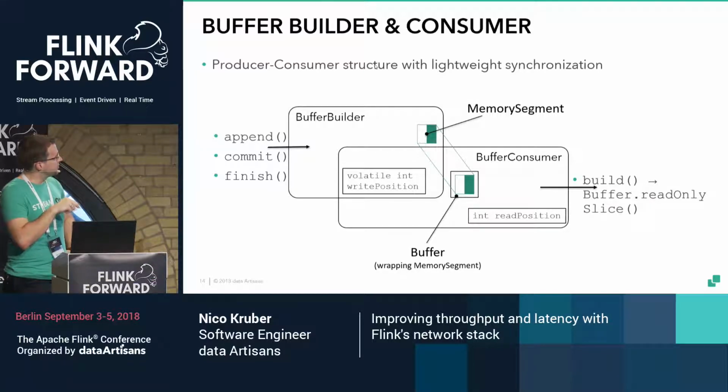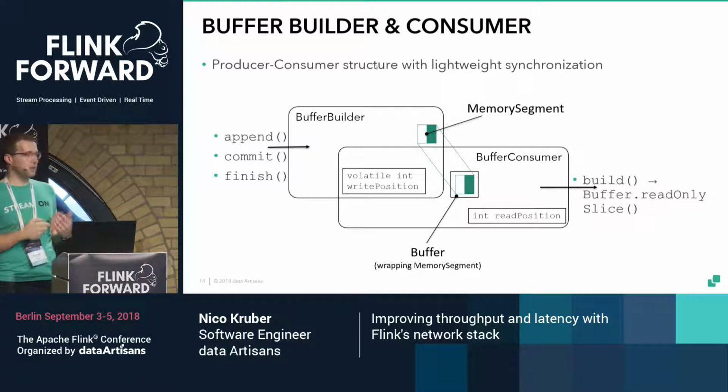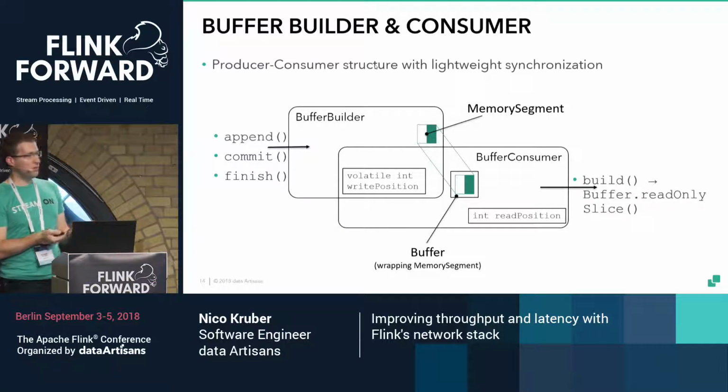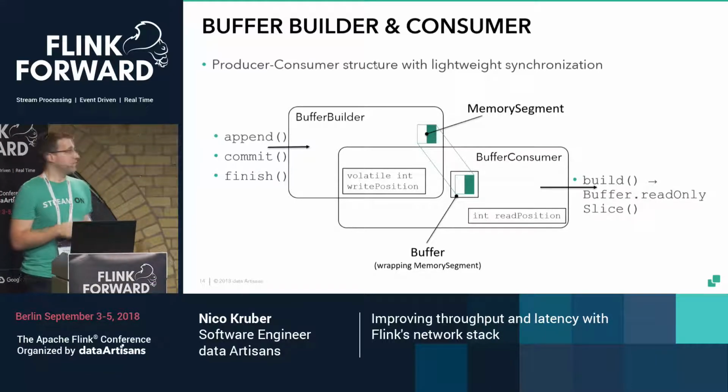And then the buffer consumer has a read position. This is the only one that reads from the record. And Netty can call a build function that will give us a read-only slice of the original buffer. And once it's full, it will be flushed as usual. And if it's not full, we will keep it however partially filled it is, and the next record will fill the rest.